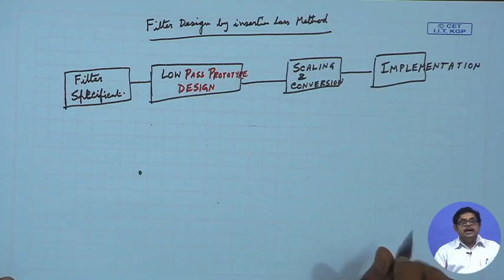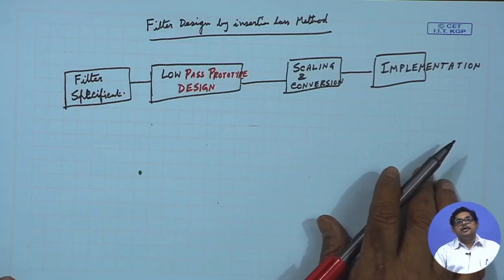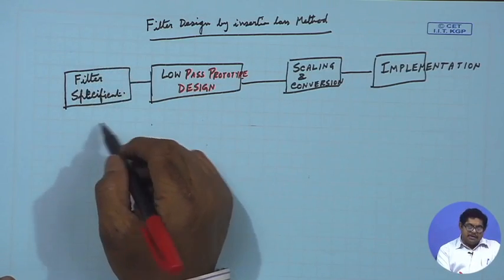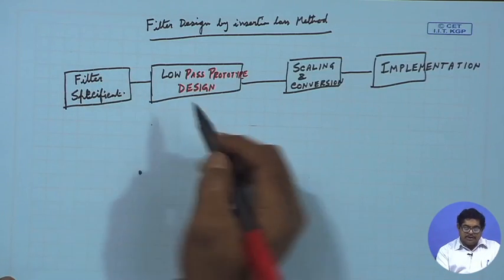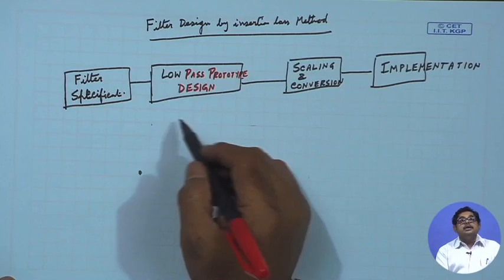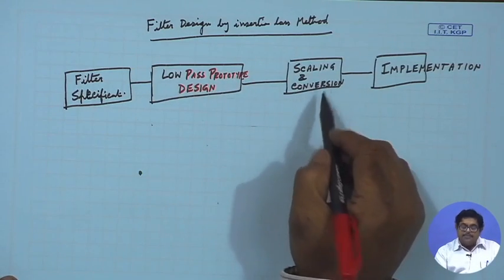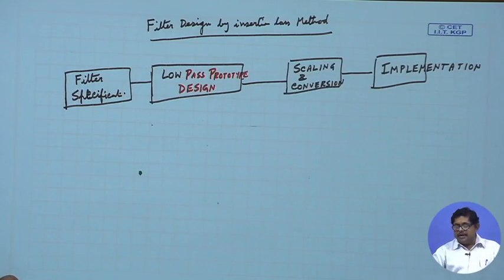So, a filter design by insertion loss method mainly has these four important blocks. In any design, you start from specification, you decide something, then you first do a low pass prototype design, then you have some scaling and conversion operations, and then finally you think how to implement it.